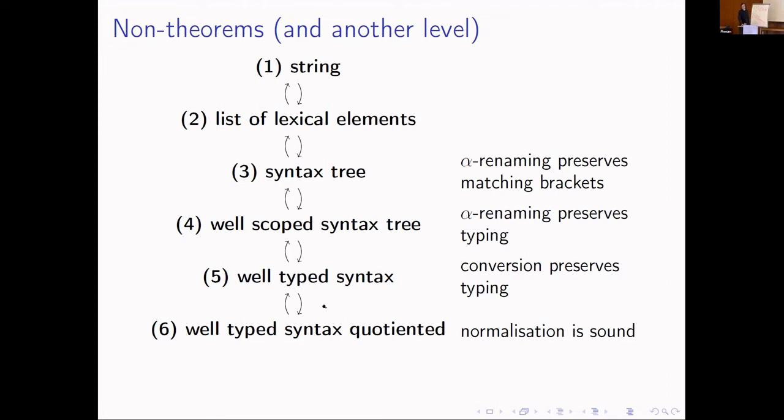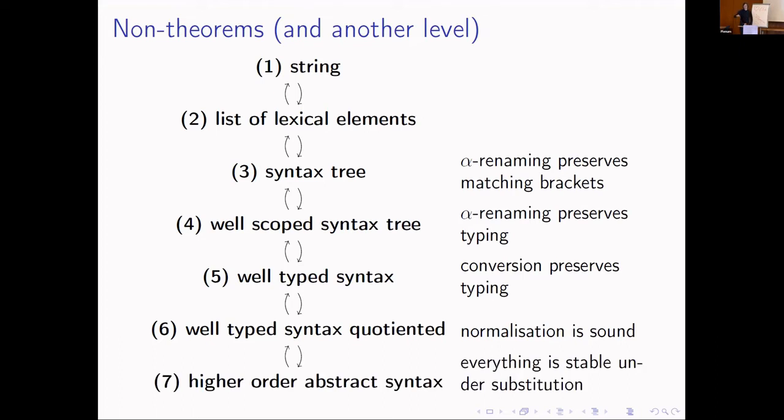And on the level of quotiented well-typed syntax, the fact that normalization is sound is automatic. By soundness, I mean that two convertible terms are mapped to the same normal forms. This is because of the quotient, you can't even do any construction which is not sound in this sense. So this is again something that you don't have to prove if you work at this level of abstraction.